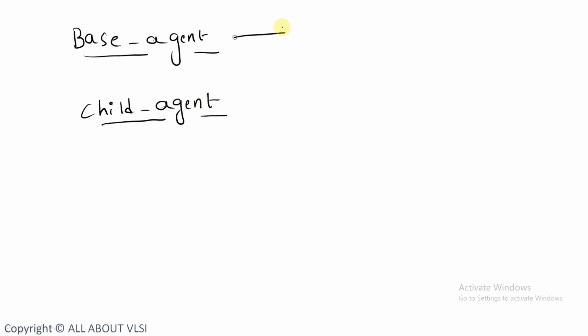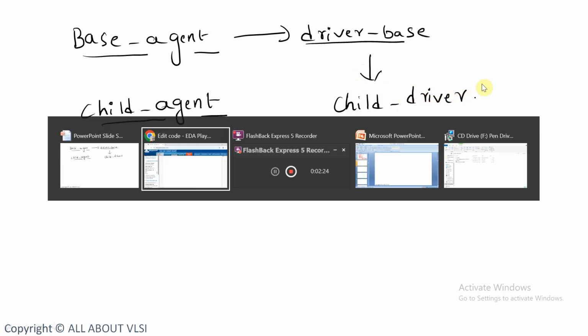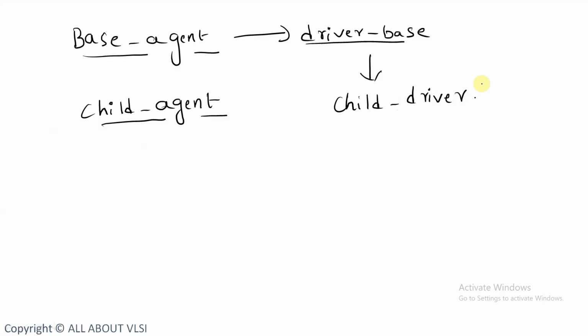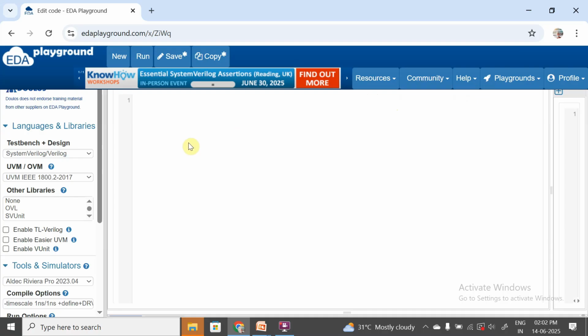Let's say this base agent has one more driver, driver_base, and we are trying to override or replace this driver_base with our child_driver. The agenda is very simple, so let's try to perform that.